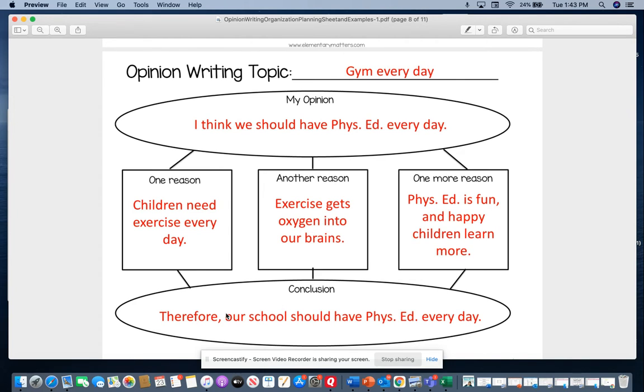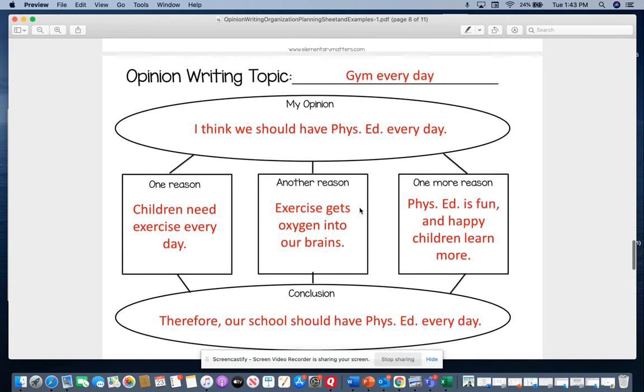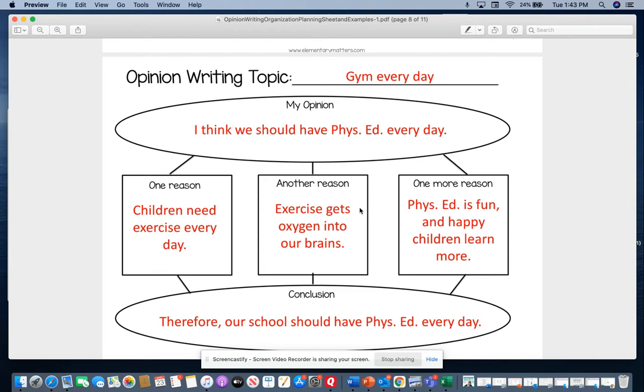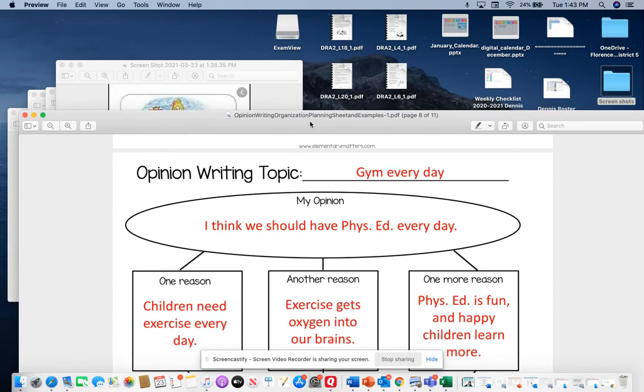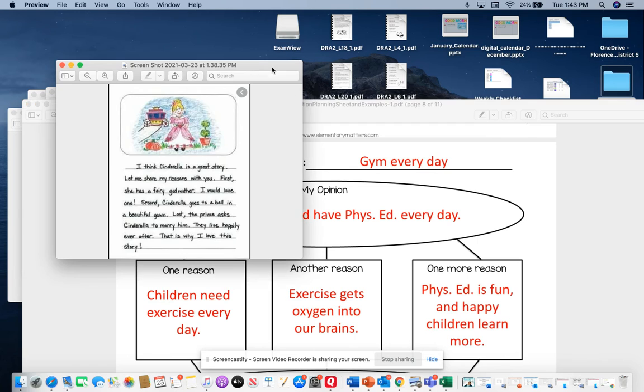So their conclusion is therefore our school should have PE every day. So these are a few graphic organizers for setting up your opinion writing. Now, you would use linking words to link these together to make a paragraph. We'll talk about those later, but we're going to look at a few examples of opinion writings.